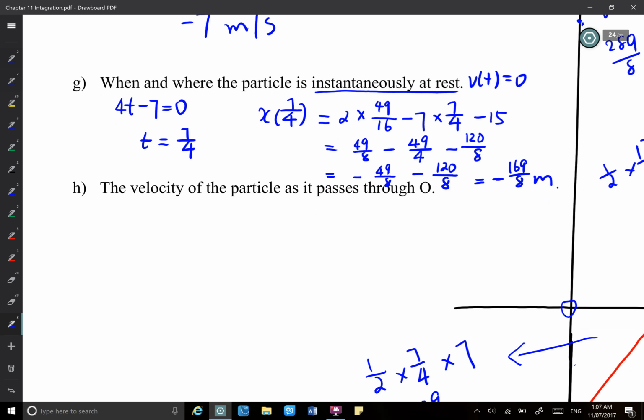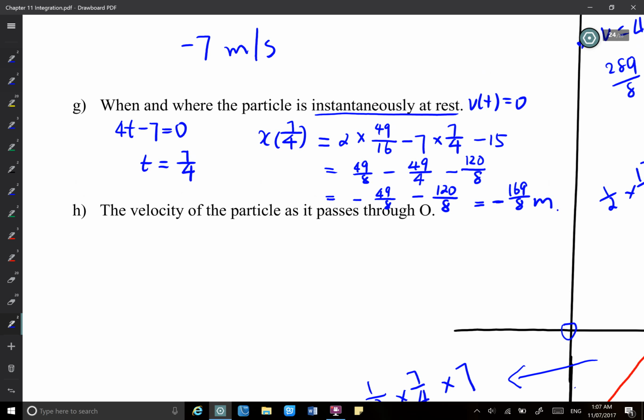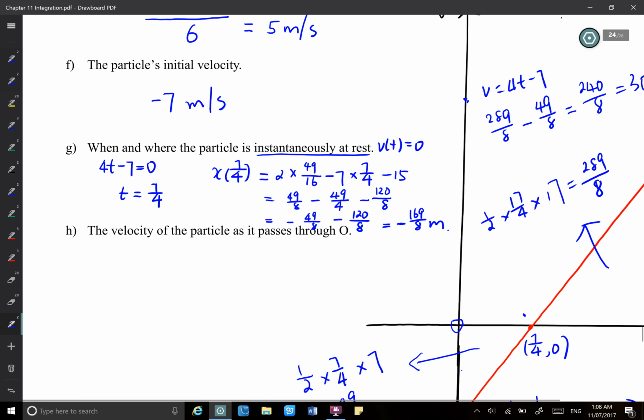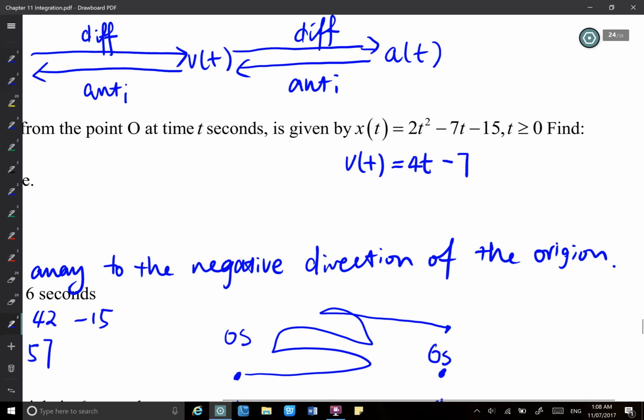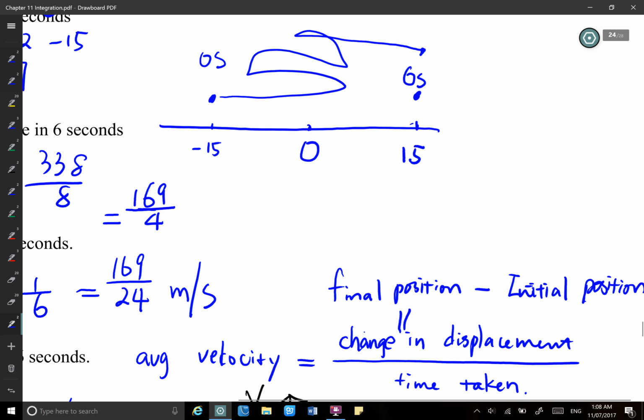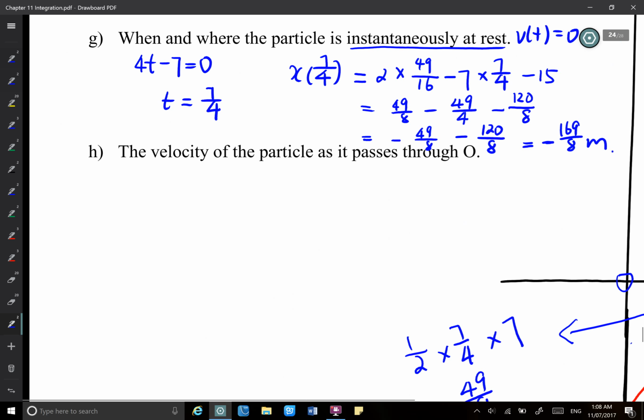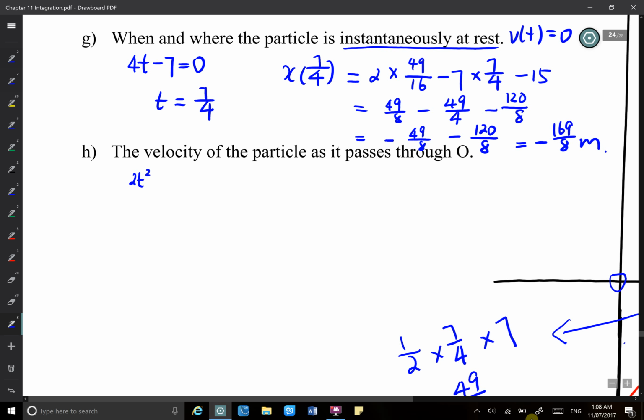Last one asks what the velocity of the particle is as it passes through the origin. So let's have a look at our x(t): 2t squared minus 7t minus 15. I want that equals to 0 because it passes through the origin. 2 times 5 is 10, and 3, I need negative 7: negative 10 plus 3 is negative 7.